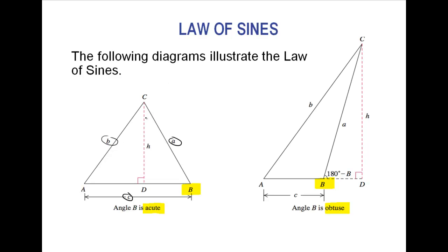So let's take a look at the triangle on the left. We start with the whole triangle, but we're going to cut it, right? We're going to drop this red line down, H, and we're going to create this new triangle, CBD.